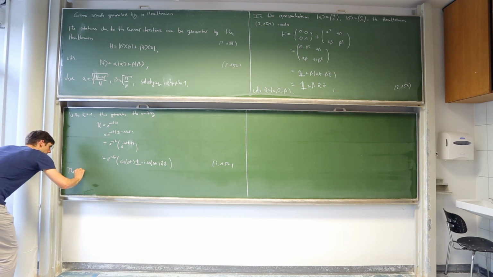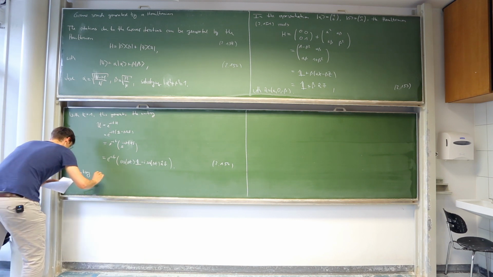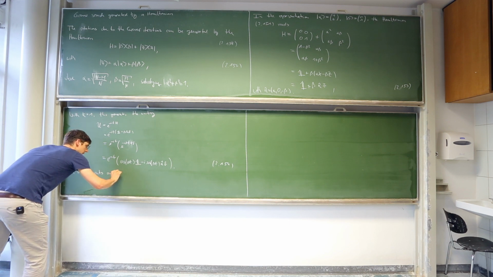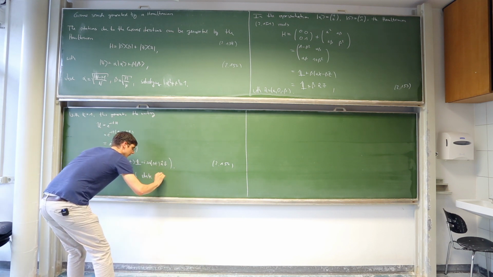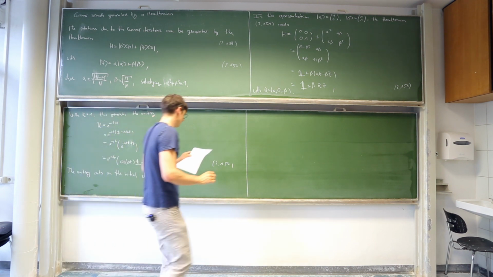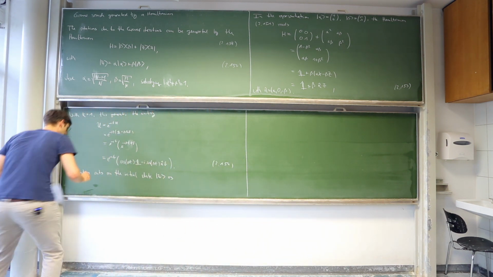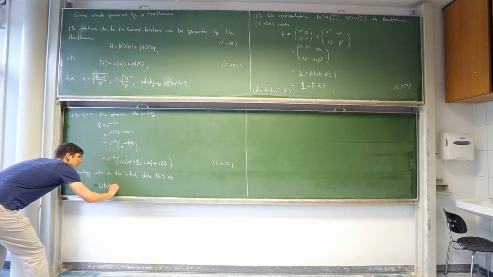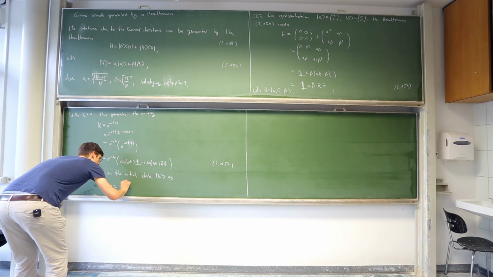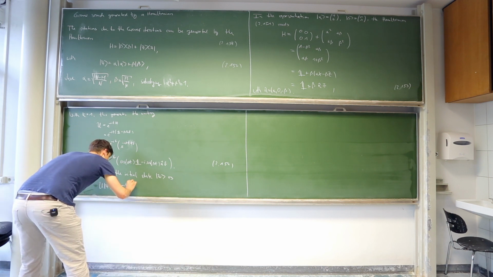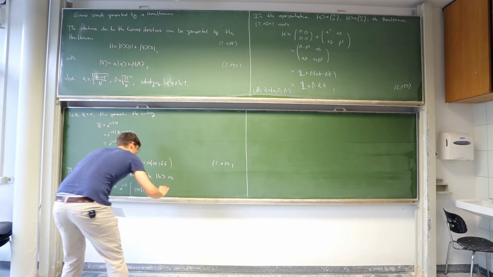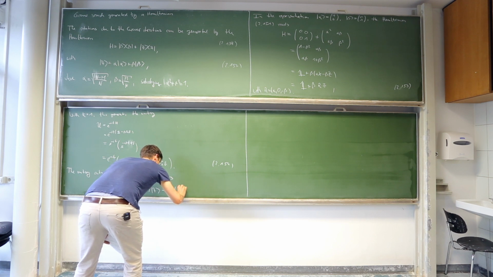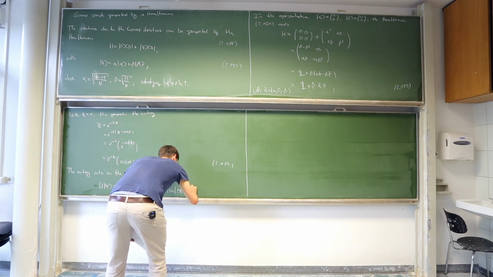So the unitary acts on the initial state, which was psi, as, okay, I can write this down here, U psi is equal to e to the minus i t, and then we have cosine of beta t times psi minus i sine of beta t times n sigma psi.